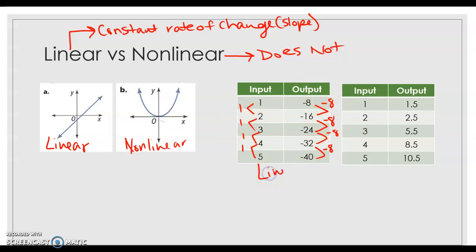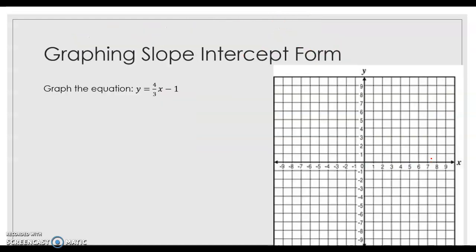This is linear. Whereas here, these are all increasing by 1, so we're off to a good start. But over here, 2.5 minus 1.5 is 1. 5.5 minus 2.5 is 3. At that point, I know that I am nonlinear.